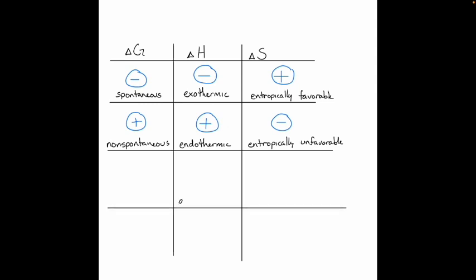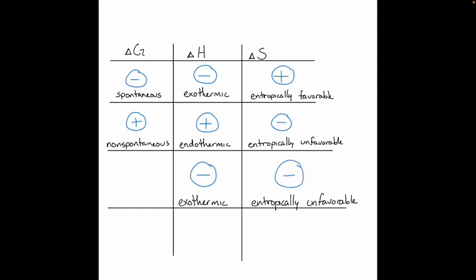So now what if it's exothermic, but entropically unfavorable? This is a reaction that releases heat, but ends up creating more order.